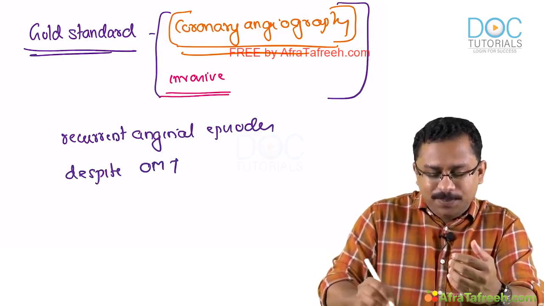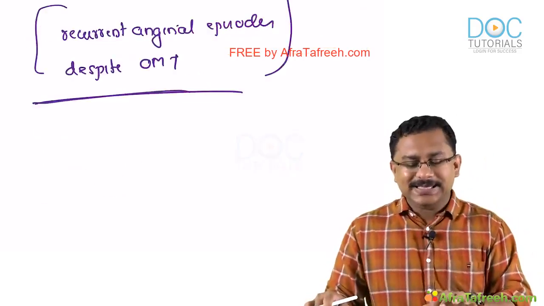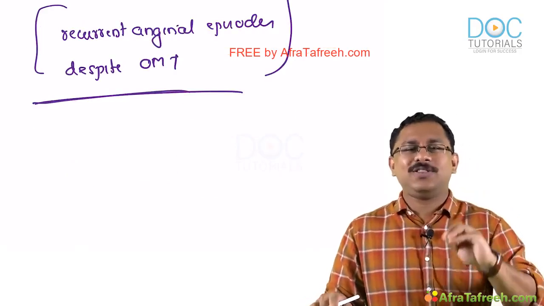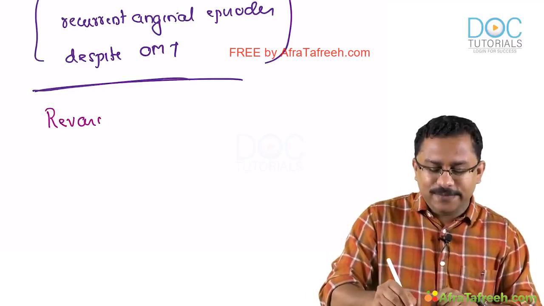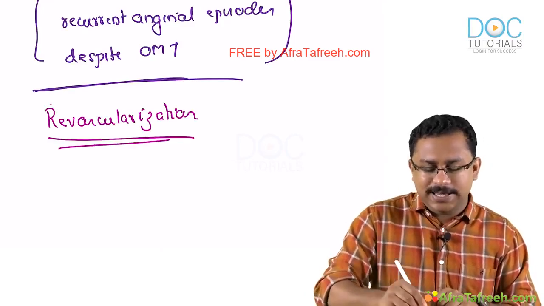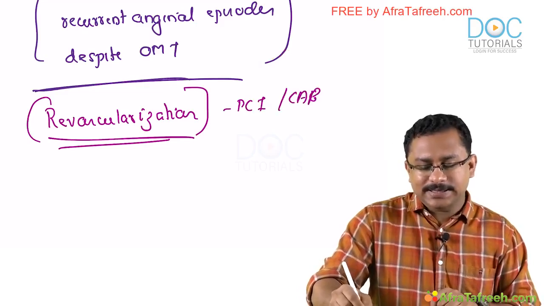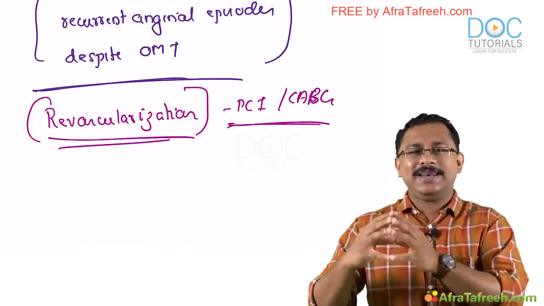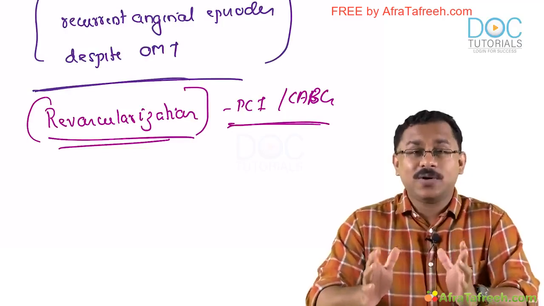This is an indicator that this patient might not be controlled with optimal medical management and might require revascularization, that is, with PCI or CABG. So in such individuals in whom you think this patient might need a revascularization procedure, definitely go for the coronary angiography.